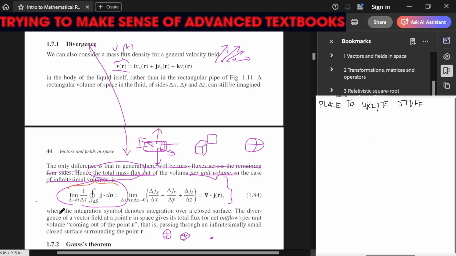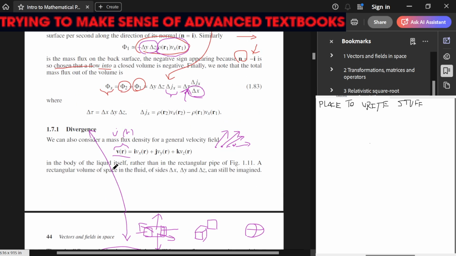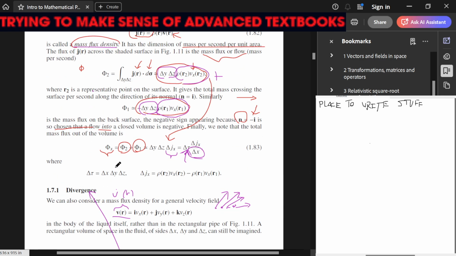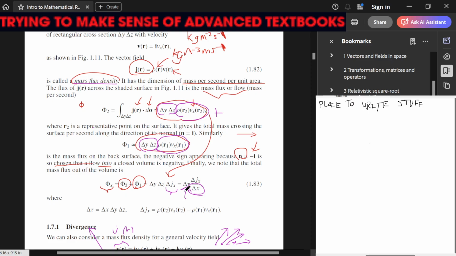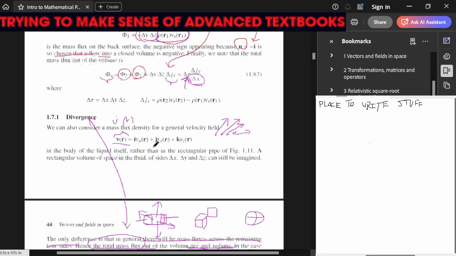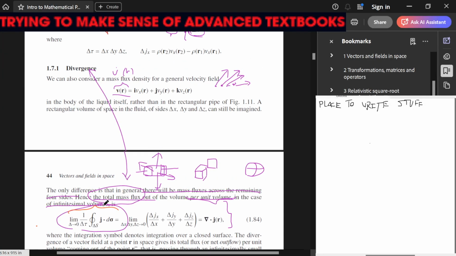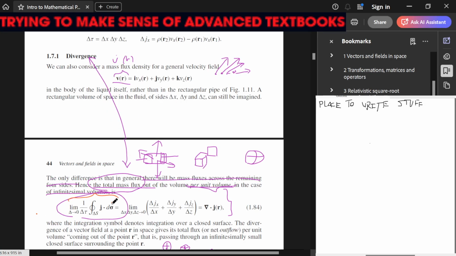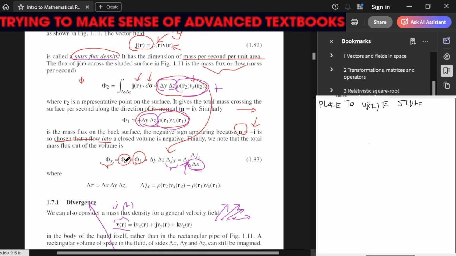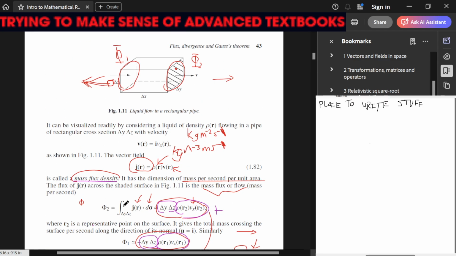Okay, so phi x plane, J dot. I forget the name of this sigma. I think it's sigma. J dot d sigma. That just gives flux. That's just normal flux.